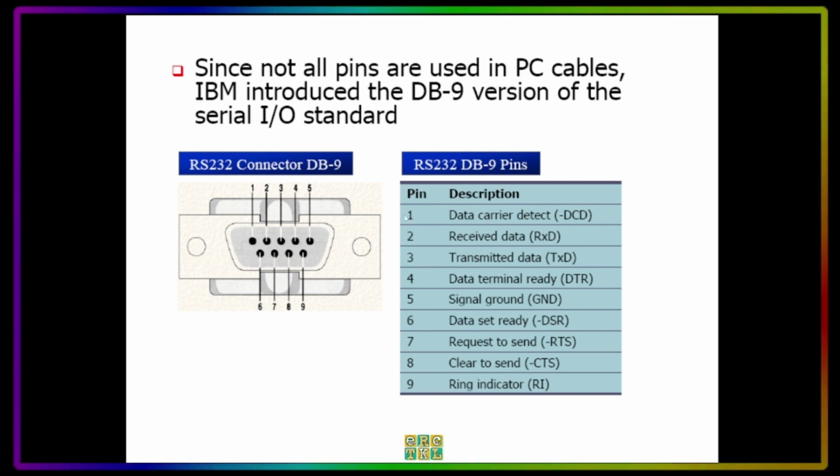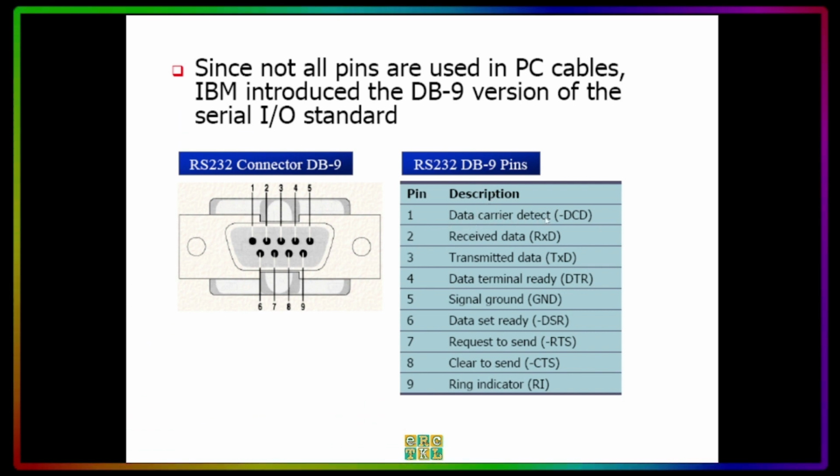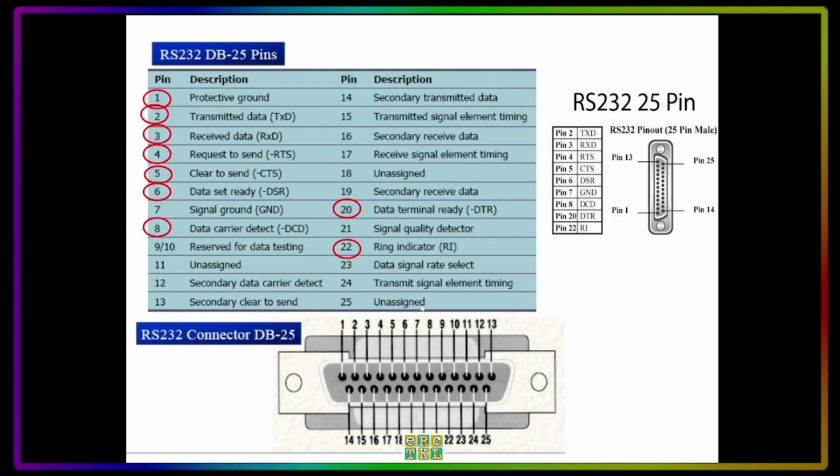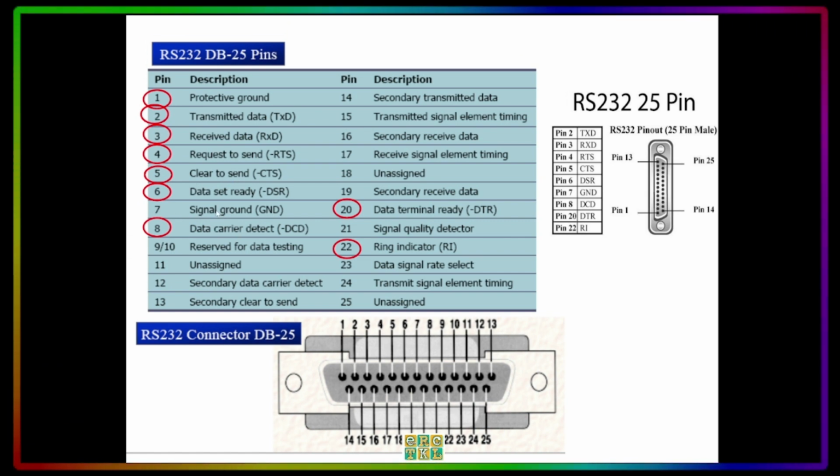Number 1 to number 9 are designated here with their descriptions. 1 is the data carrier detect, received data for number 2, transmitted data for number 3, data terminal ready for 4, signal ground for number 5. And you will notice that in the previous example, number 5 is not the ground. Instead, number 7 is the signal ground for the DB25 pins.